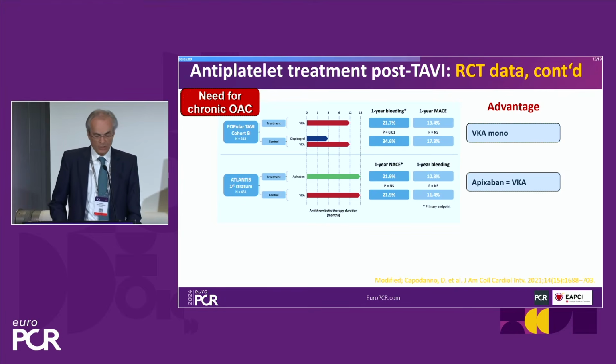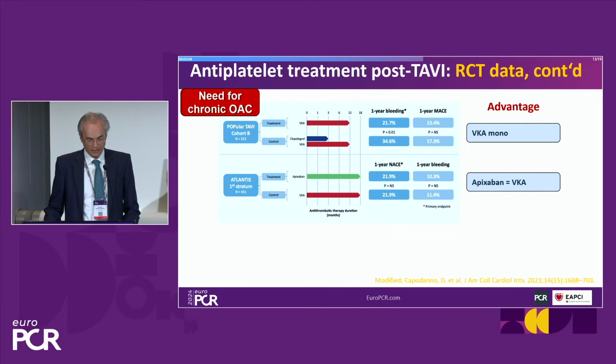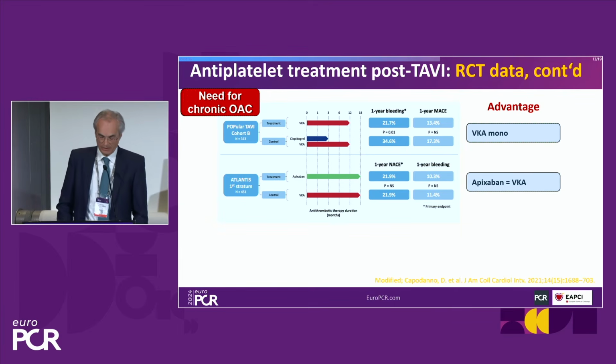antiplatelet therapy. Now, if you look at the different population, where you have anticoagulation because of atrial fibrillation, POPular TAVI cohort B or the ATLANTIS first stratum, you see that in POPular TAVI, VKA monotherapy seems to be more advantageous as compared to the combination with clopidogrel. And in ATLANTIS, apixaban is equal to a VKA.